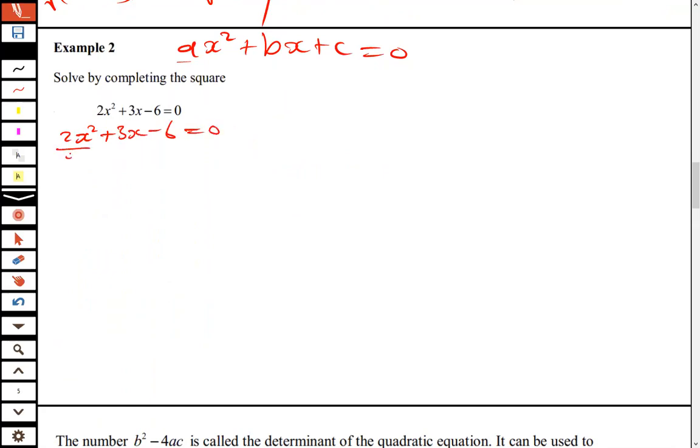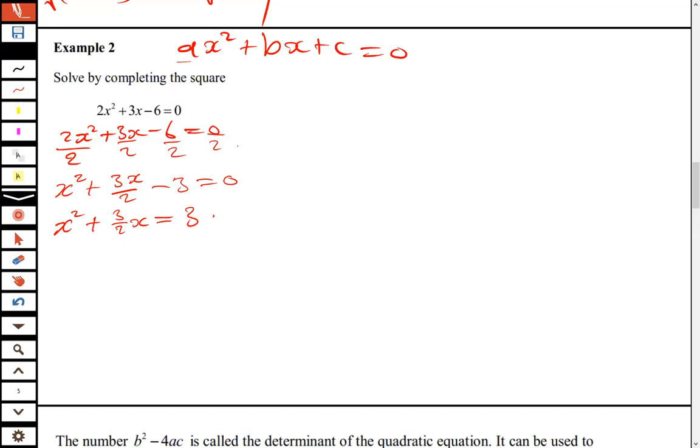So we divide everything by 2, and we remain with x squared plus 3x over 2, minus 6 divided by 2, which is 3, is equal to 0. So you take this negative 3 to the other side of the equal sign. We remain with x squared plus 3 over 2x, which will be equal to positive 3.